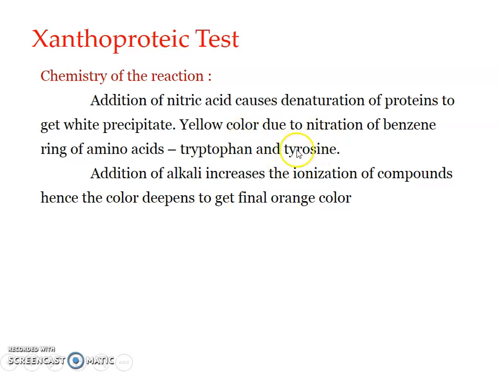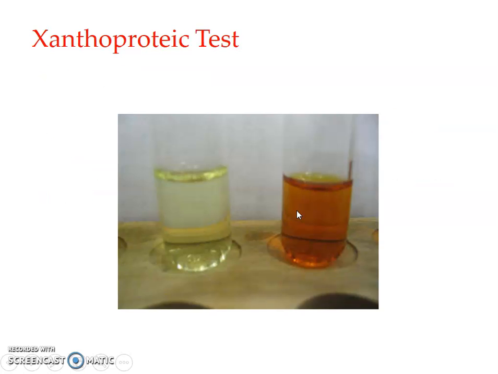Tryptophan and tyrosine contain a benzene ring, which is aromatic in nature, so on nitration it gives a yellow color. On addition of alkali, it increases the ionization of compounds, and hence the color deepens and becomes orange. This is the orange color which develops when alkali is added after the acid treatment.